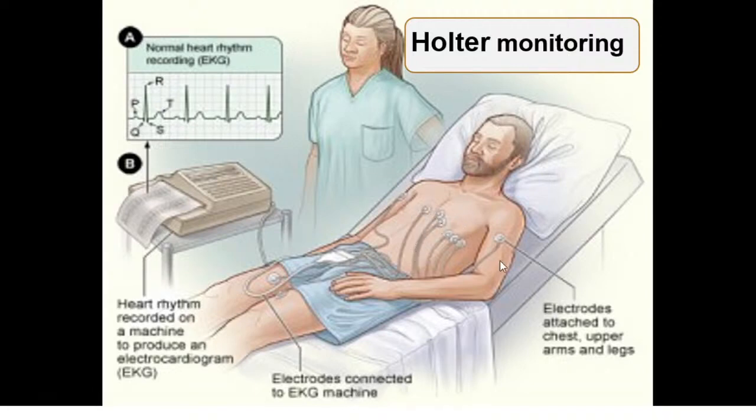We put some electrodes on definite sites of the body, fix them, and all information is held in a portable apparatus and will record the activity of the heart during a long period, as needed by the doctor. Maybe 1 day, maybe 2, 3 days.